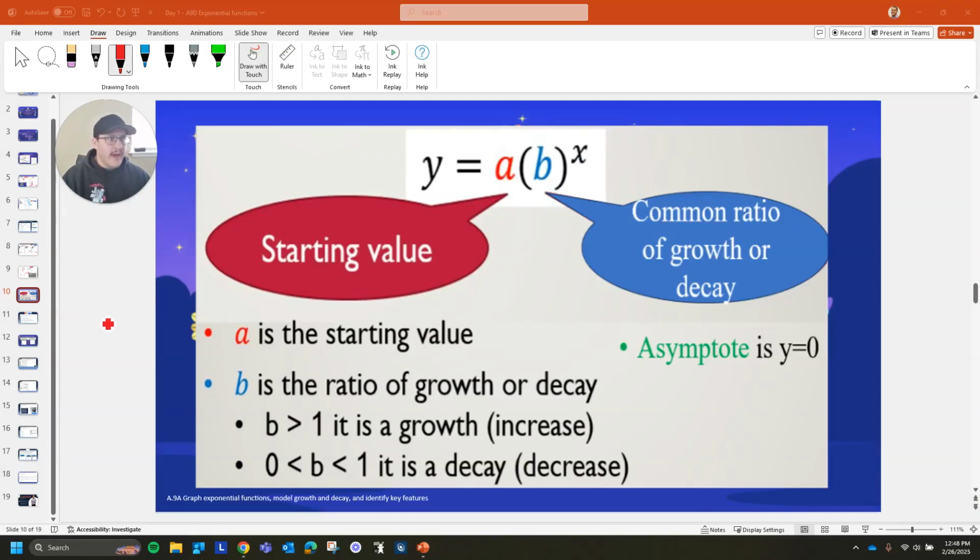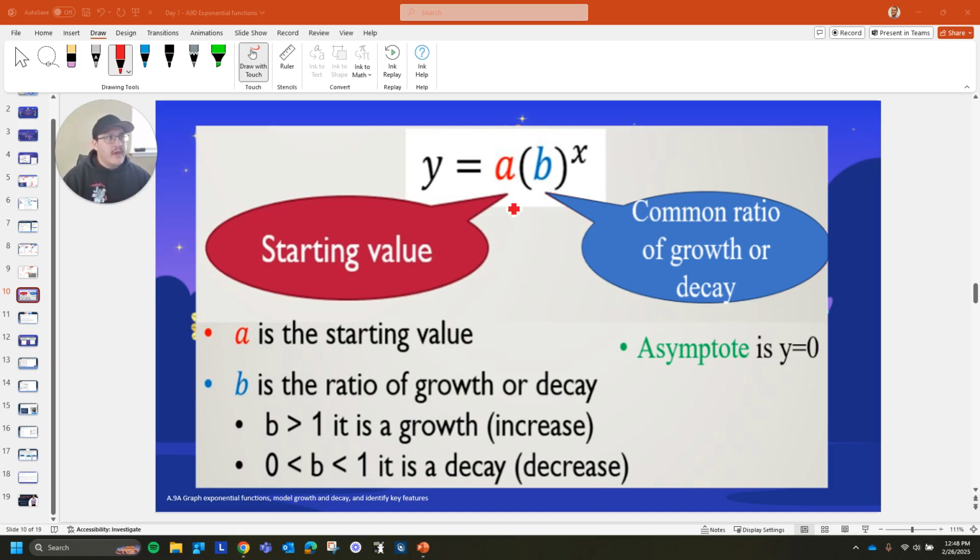Quick refresher before we get on to the next question here. So again, exponential equations, exponential functions, graphs, their key features. That's what we're exploring in this lesson. a(b)^x, or a times b to the x, same thing. The a value is essentially where you start, where your y-intercept is. That's your quote-unquote starting value for most scenarios.